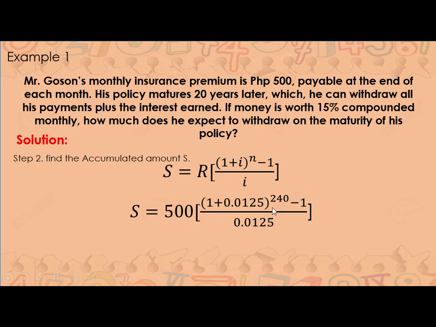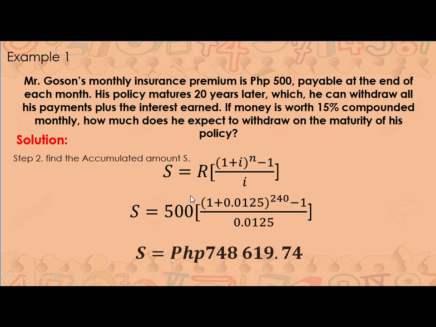If you're going to input this in your calculator, all the given data here, you can enter it directly or step by step: 1 plus 0.0125 raised to 240, then minus 1. After that, divide by 0.0125, then multiply by 500.